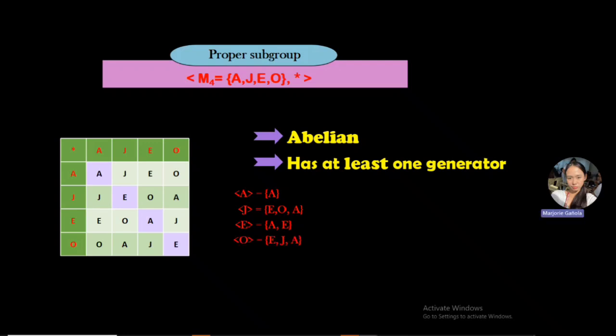And lastly, we have O, which generates E, J, and A because O star O is equal to E, E star J is equal to O, E star O is equal to J, and J star O is equal to A.